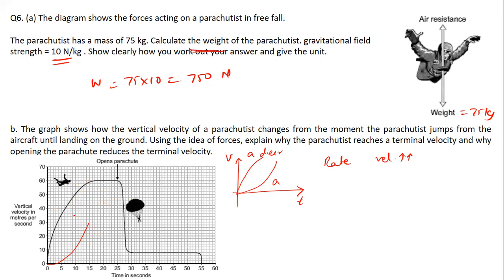Okay, now let us come back to this. So a person is falling here, you get a graph like this. And now what's happening here? Why should I get a curve, or what does this denote? See, the velocity kept on increasing until this point. And after that, why does the curve flatten down?